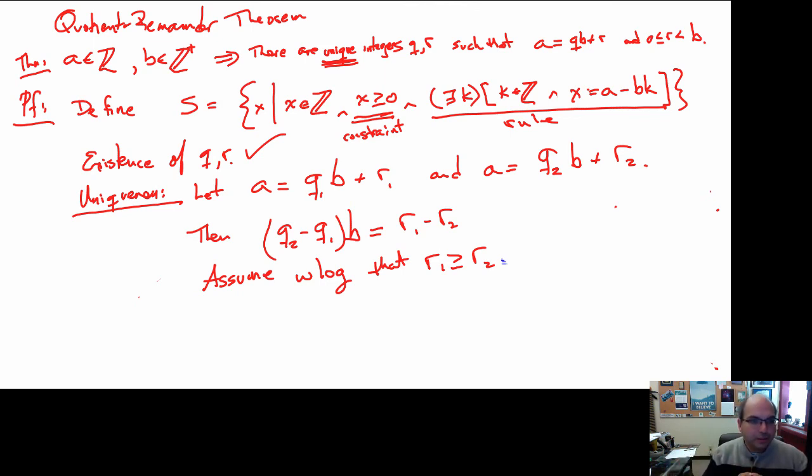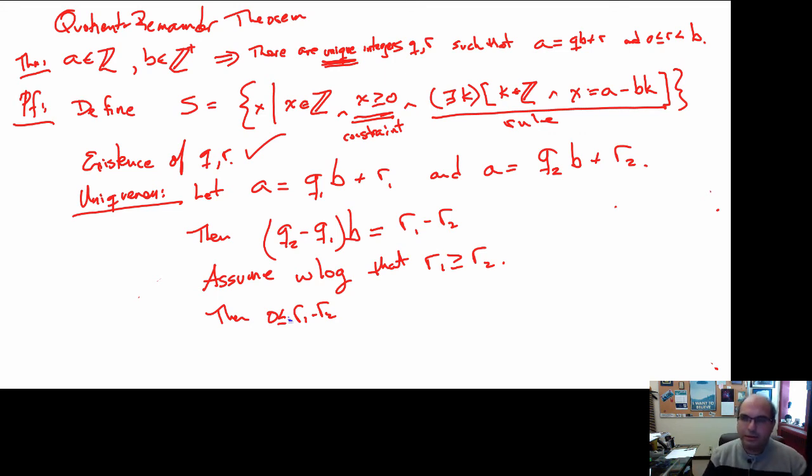So that means that r1 minus r2, well, let's see, how small can it get? r1 is greater than or equal to r2, so this has to be greater than or equal to 0. Now how big can it be?